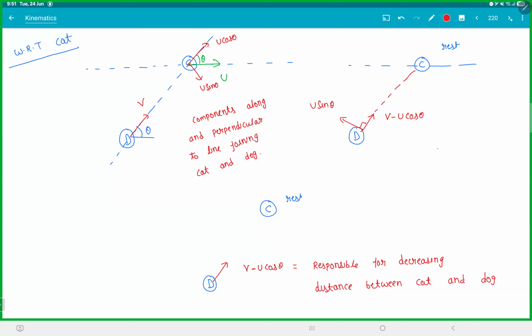Since I'm explaining to you, I'm writing it big. In the exam, you won't take this much time. And this u sine theta is actually responsible for changing direction. This thing changes the angle direction actually.